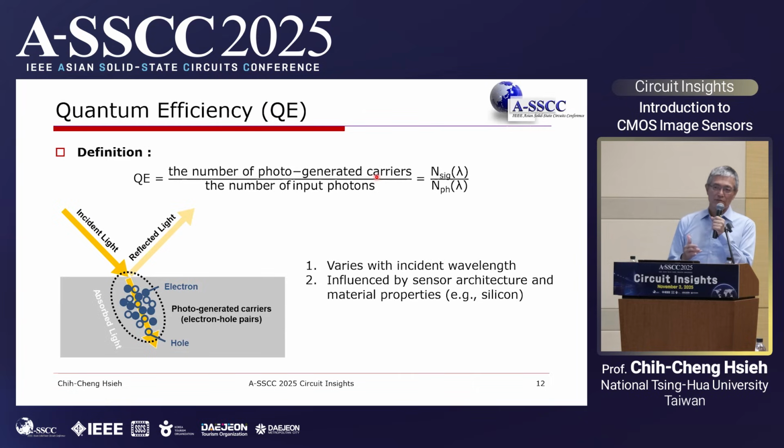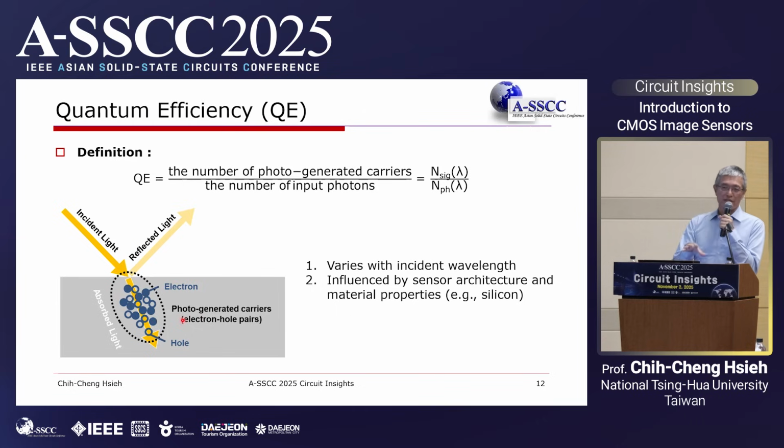And what's the photoelectric effect? We all know there is some energy in light. And when the photon energy is higher than the bandgap of our semiconductor, no matter what material you are using. Different materials have different bandgaps. For silicon, it's around 1.12 electron volts.